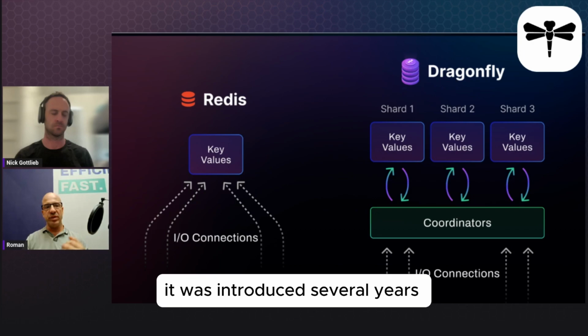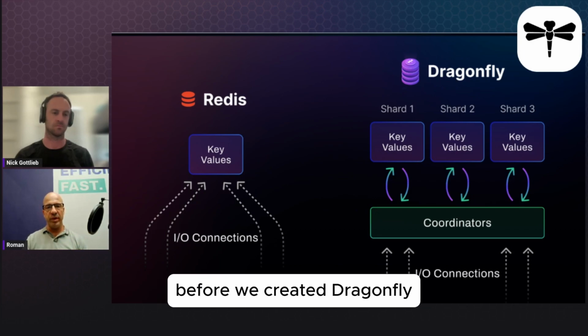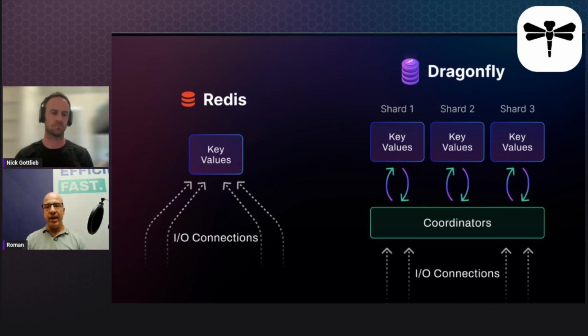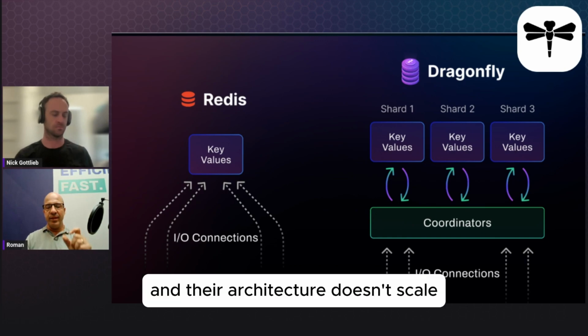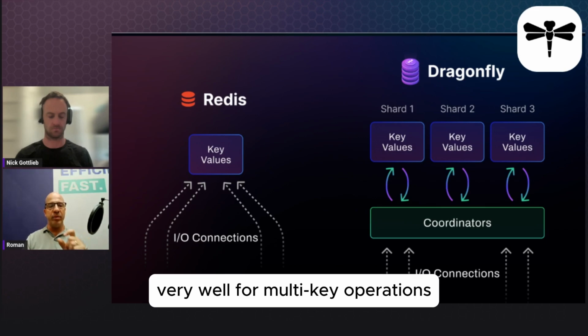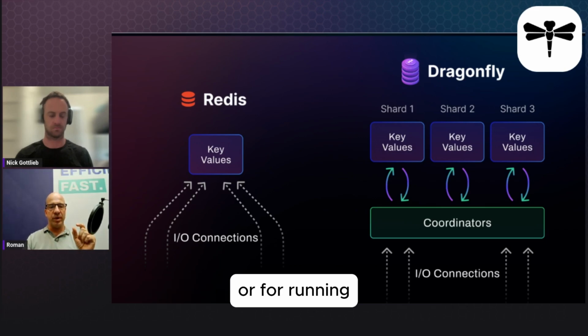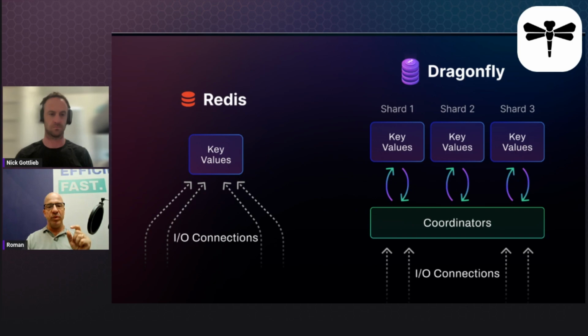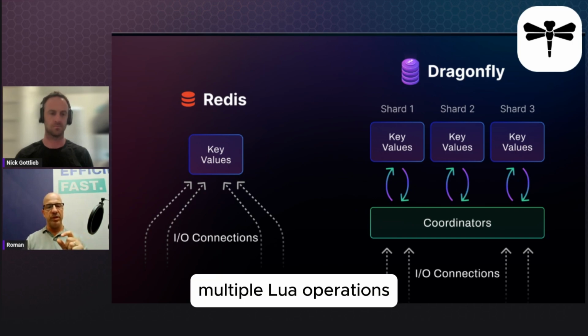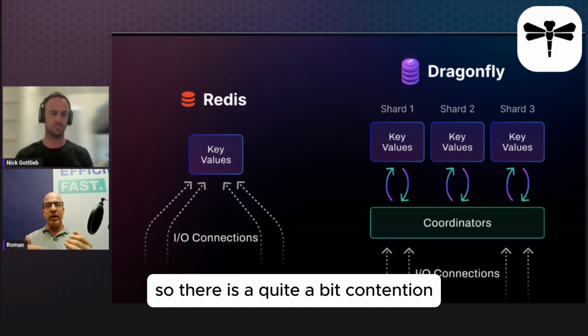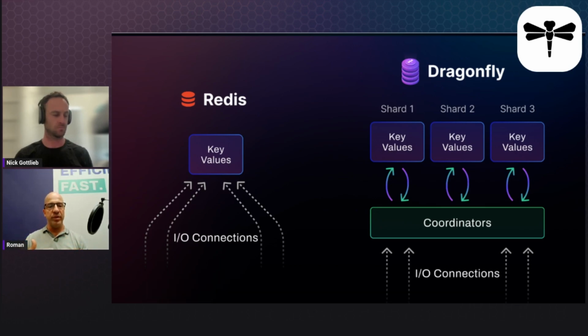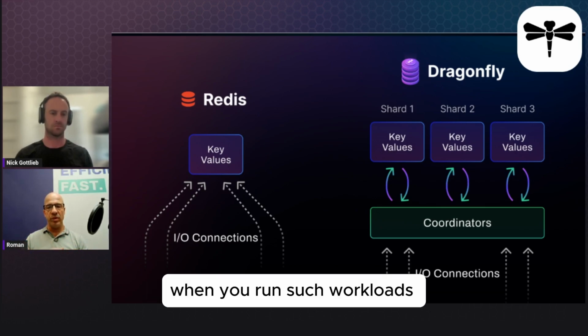It was introduced several years before we created Dragonfly. And the architecture doesn't scale very well for multi-key operations or for running multiple Lua operations. So there is quite a bit of contention when you run such workloads.